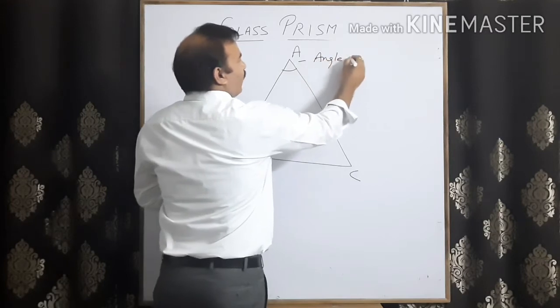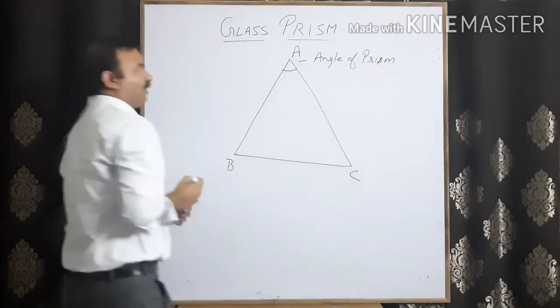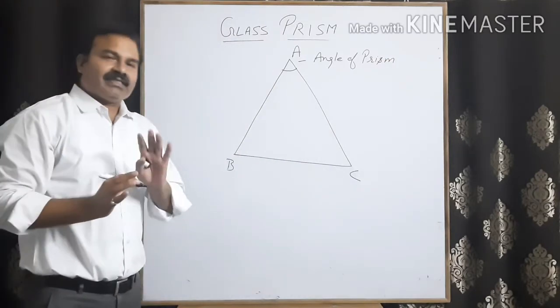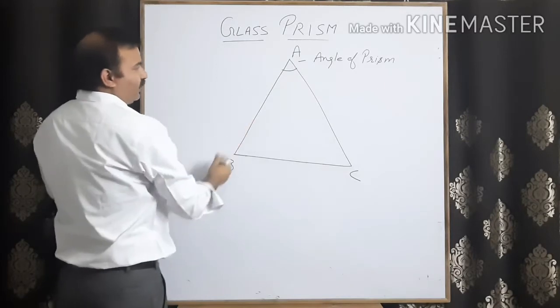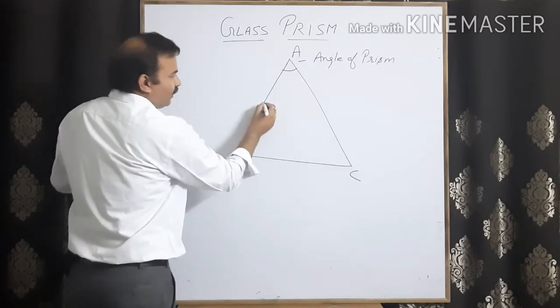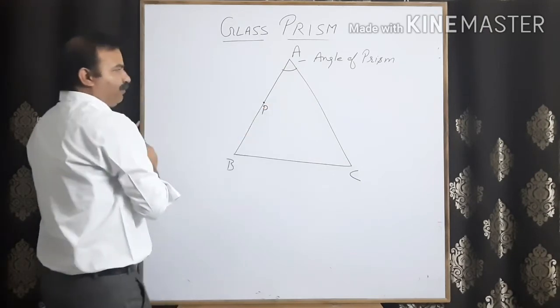This is the angle of prism. Now, the refraction phenomenon is the same. This is the first surface. Let this be a point P.